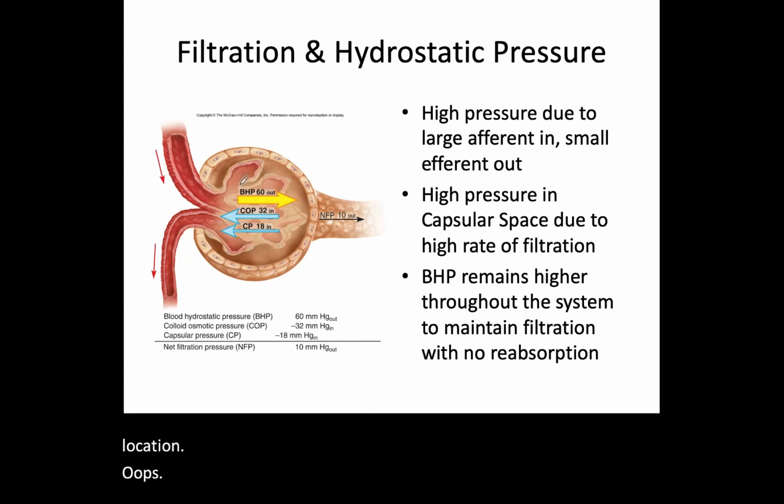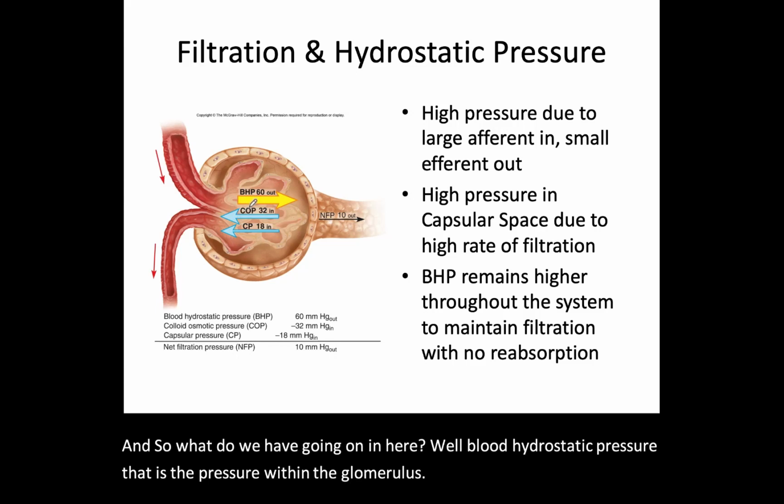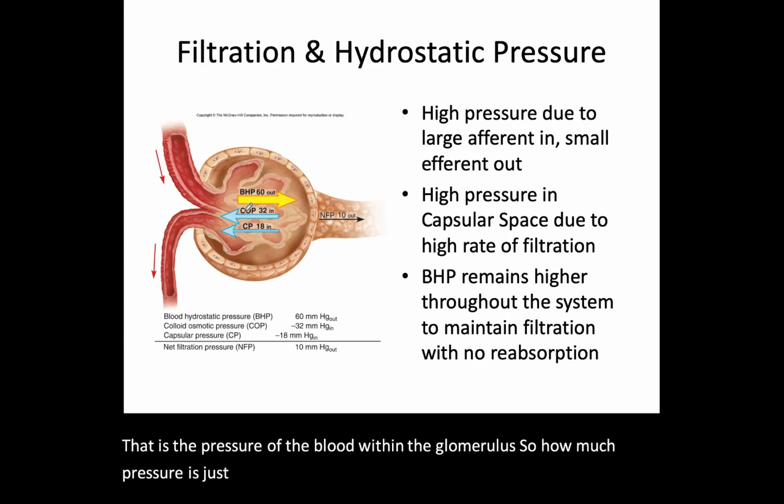And so what do we have going on in here? Well, blood hydrostatic pressure, that is the pressure within the glomerulus. That is the pressure of the blood within the glomerulus. So how much pressure is just the plasma volume itself applying to the wall of the glomerulus?